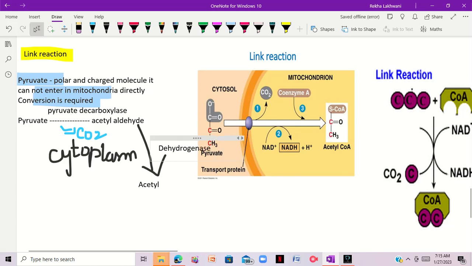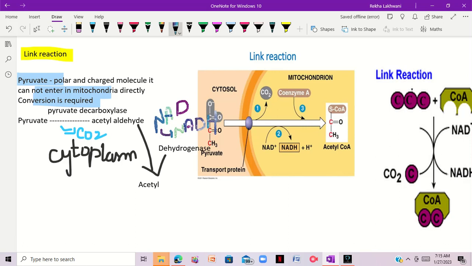During this reaction, like whenever we use dehydrogenase, NAD is converted into NADH. Now what are NAD and NADH? Nicotinamide adenine dinucleotide, right? So pyruvate is first converted into acetaldehyde, then acetaldehyde is converted into acetyl by dehydrogenase, and NAD is converted into NADH.